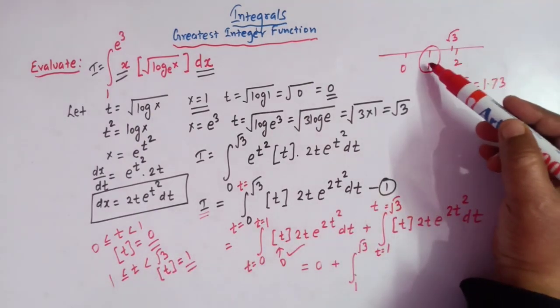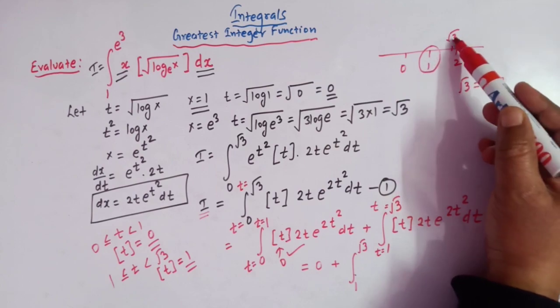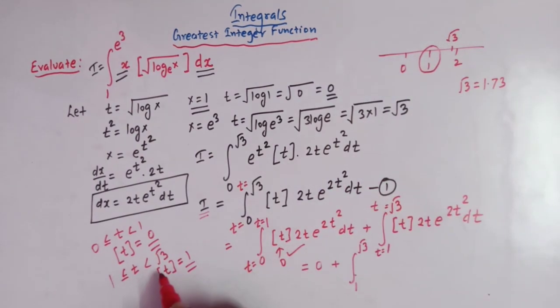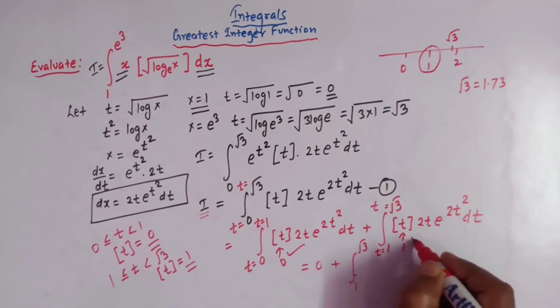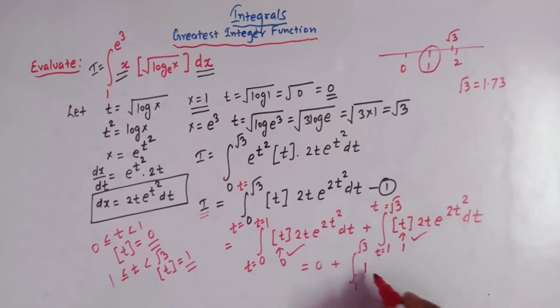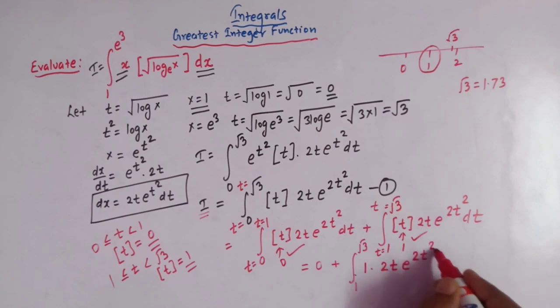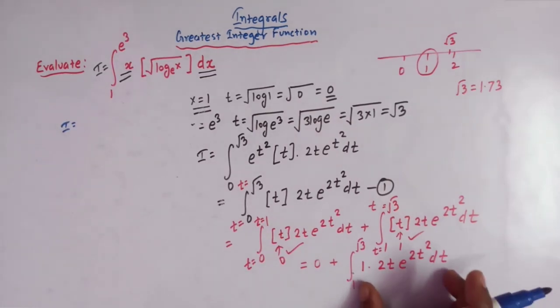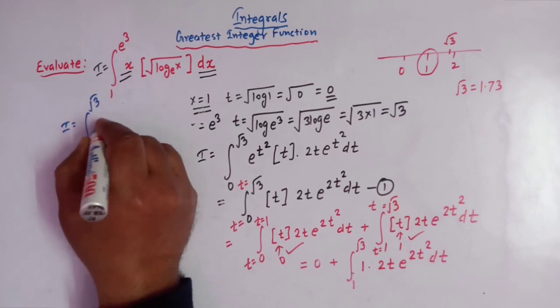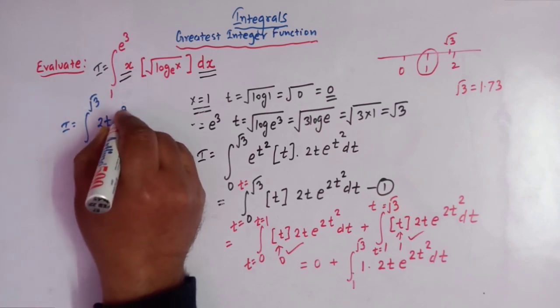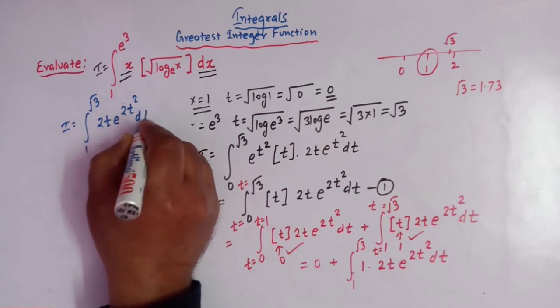Because for all values of t which lie between 1 and square root of 3, the greatest integer of t must be equal to 1, right? So here we'll have 1, right? So now here we'll write 1, then we have 2t e raised to 2t square dt, right? So now we have to solve this integral, that is from 1 to square root of 3, of 2t e raised to 2t square dt, right?